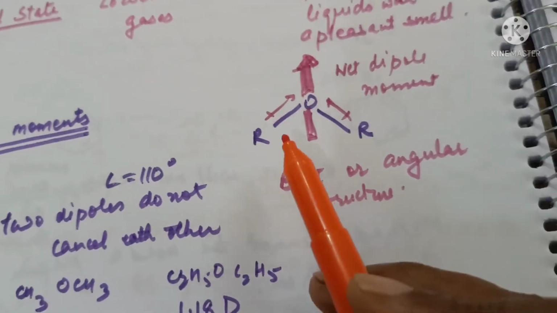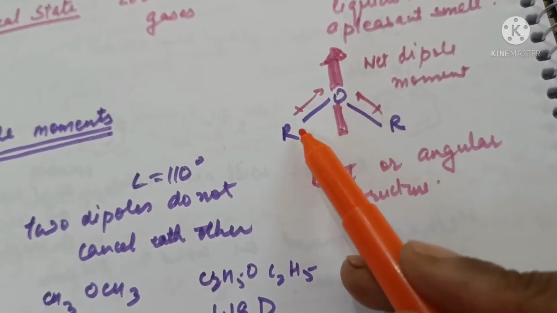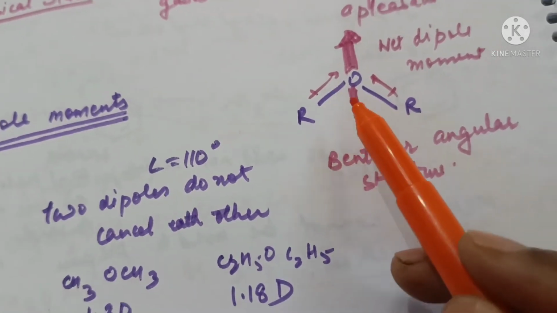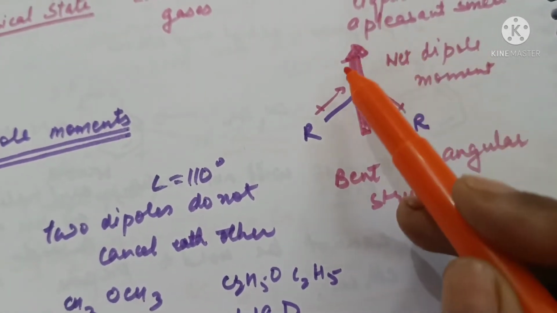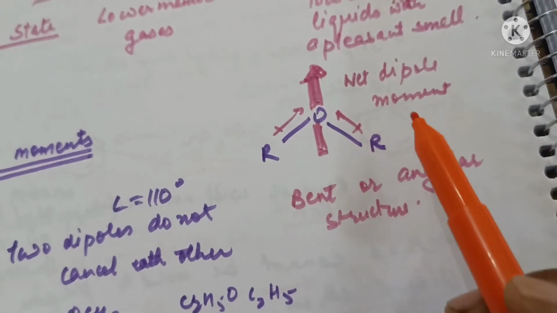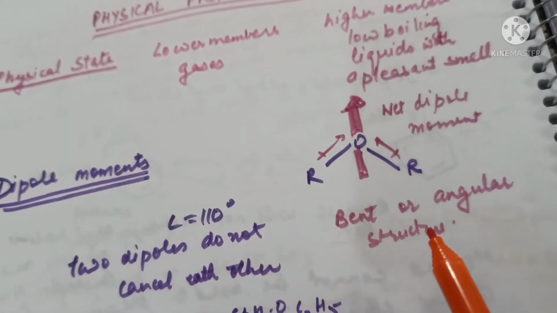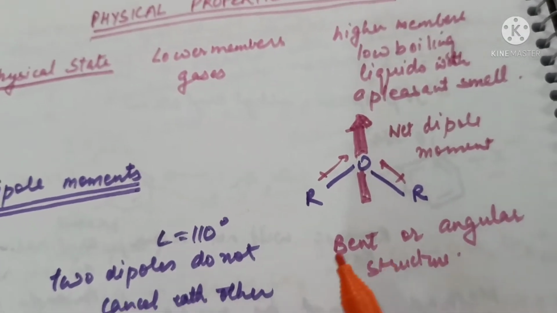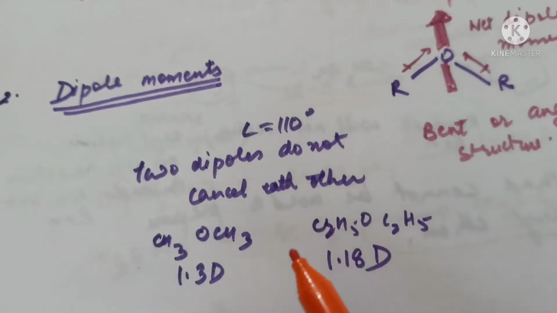Dipole moment: the oxygen-carbon bond is polar in nature and the bond angle is such that there is a net resultant moment. As a result, there is a net dipole moment, and the ether molecule, because of its bent or angular structure, is polar in nature.